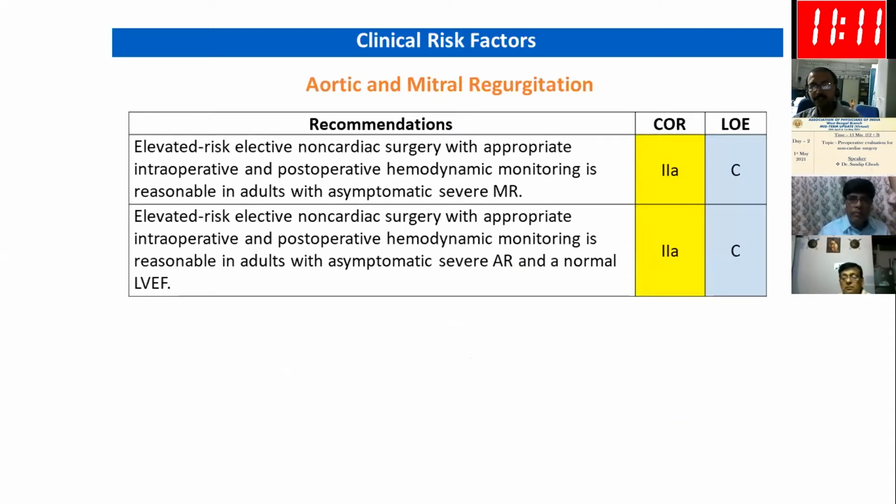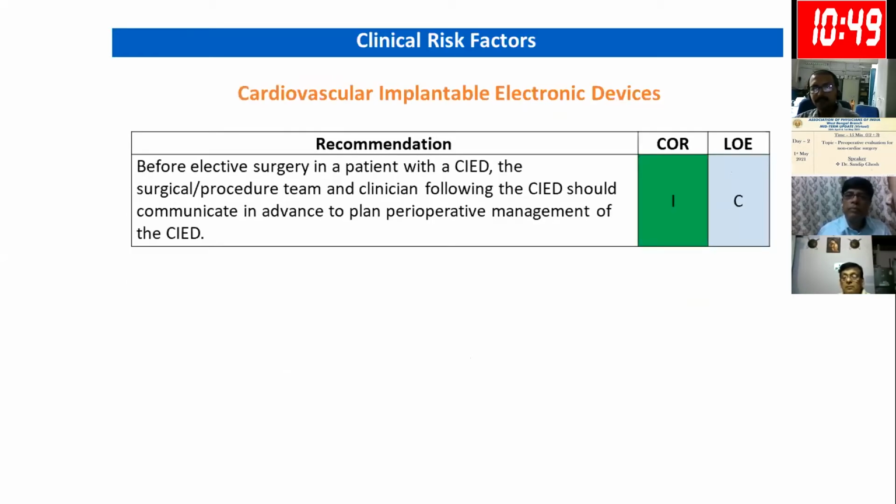The other conditions are the regurgitant lesions, and patients with severe regurgitant lesions like MR or AR also have an elevated risk and require special hemodynamic monitoring during the surgical procedures. I will discuss the implantable devices in the later part.